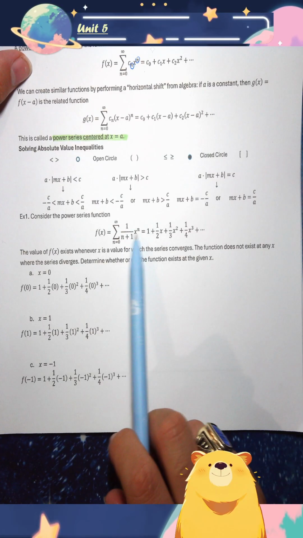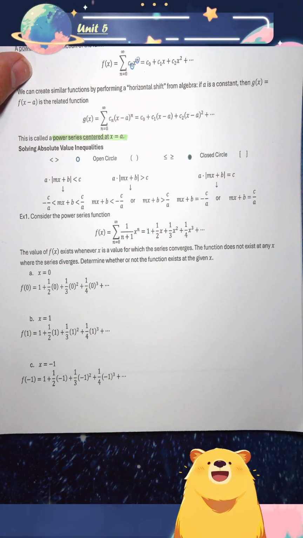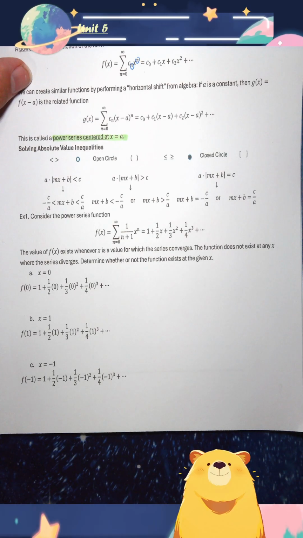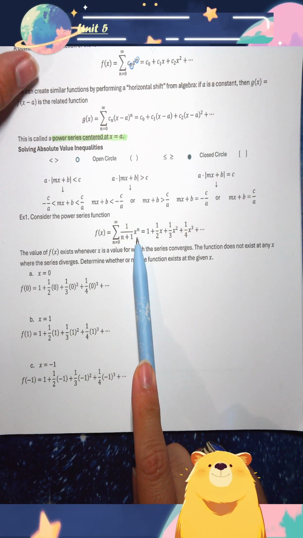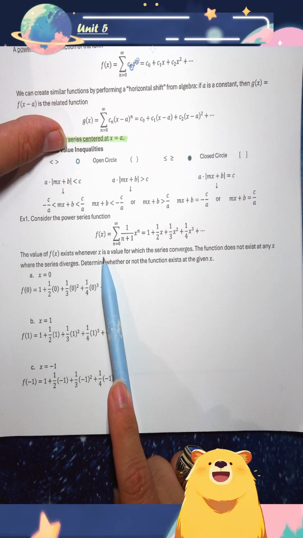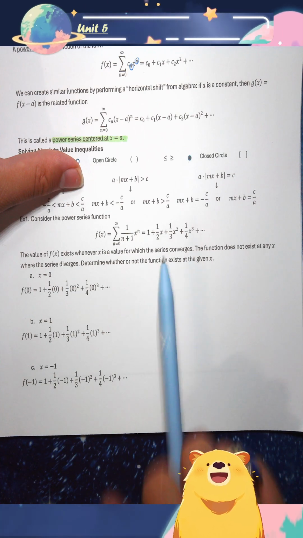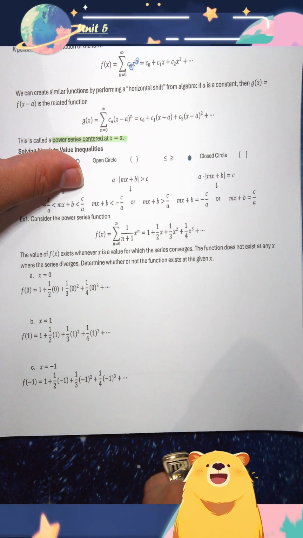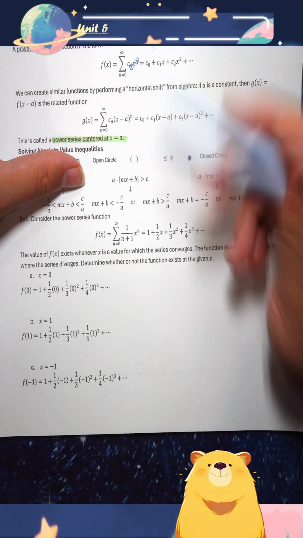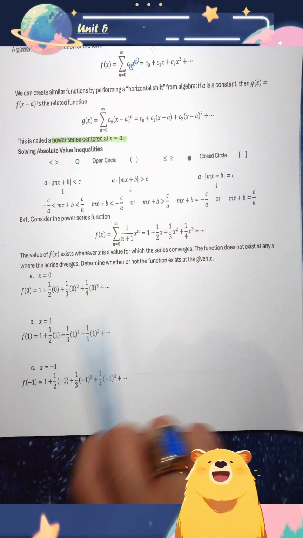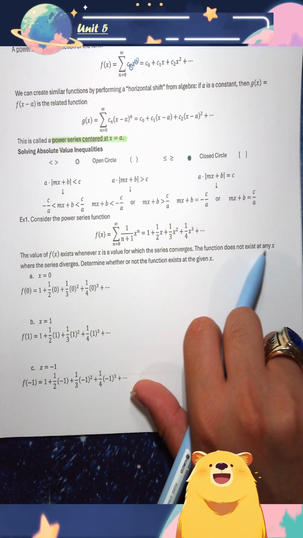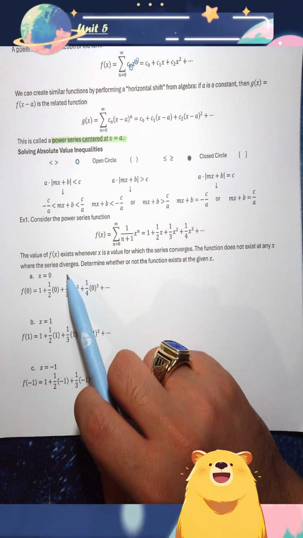Okay. What this implies also is if x is customizable, then it relies on whatever we plug in for x, to see if the series actually converges, if it actually equals something. The function does not exist at any x where the series diverges.